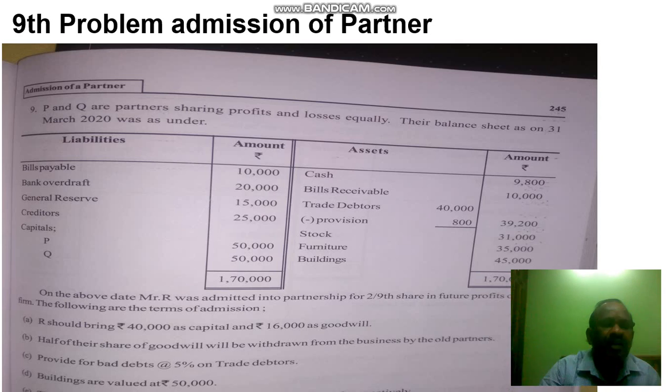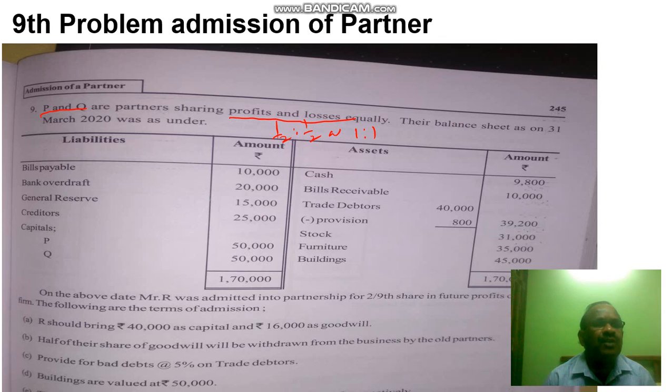Students, here I will read the problem. P and Q are partners sharing profits and losses equally. It means 1 by 2 to 1 by 2, or 1 is to 1. Their balance sheet as on 31st March 2020 was as under.